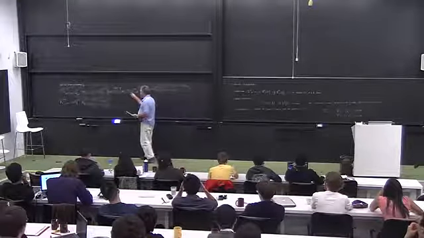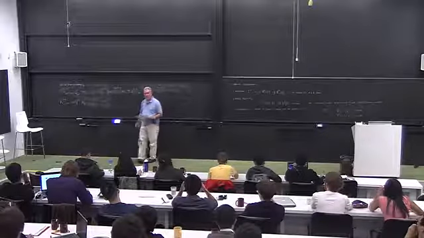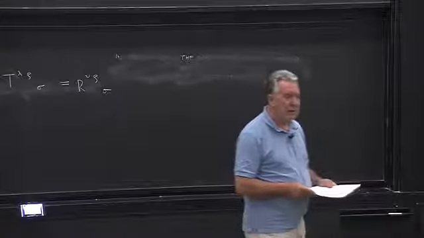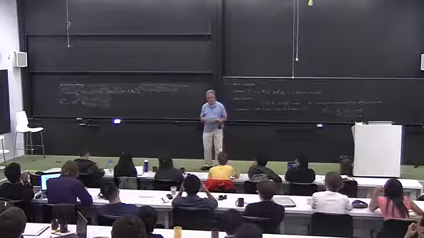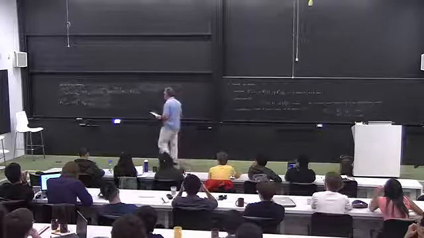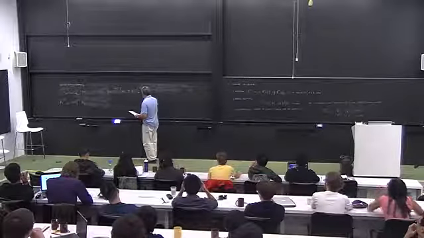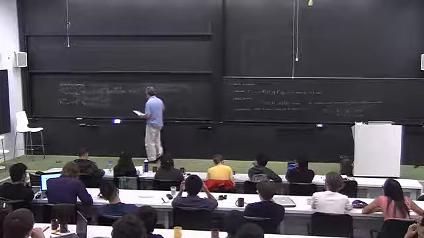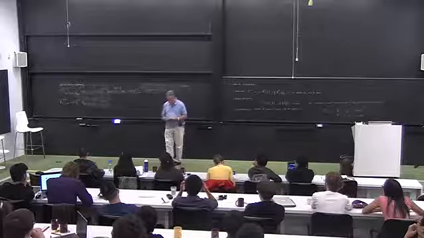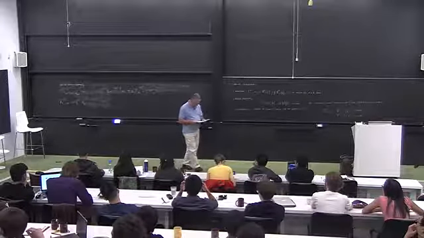Now, you notice I've used different letters here, but the convention is if a tensor differs from another just by raising or lowering its index, we use the same symbol. So we can call this T nu rho sigma, on the understanding it's the tensor we started with with the indices raised and lowered.